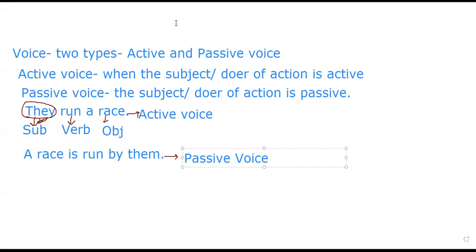Now, in passive voice also, the structure of the sentence doesn't change. As I told you earlier, a race has now become subject here. A race is subject.